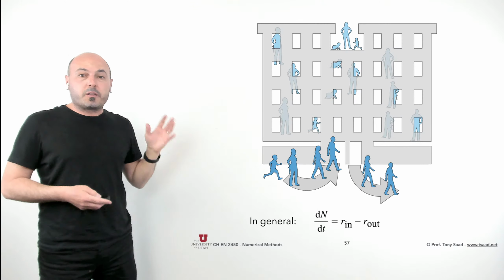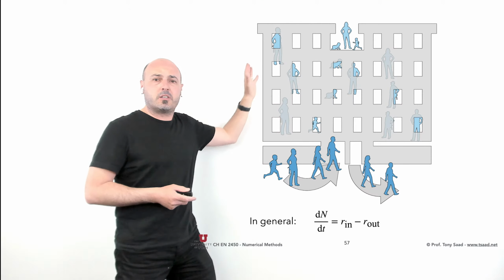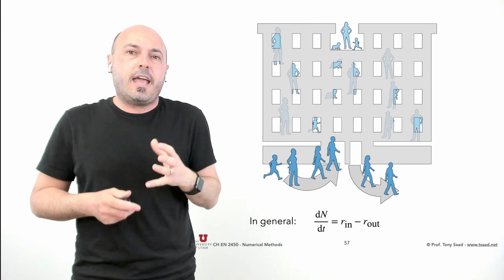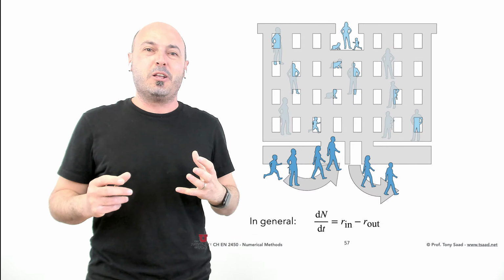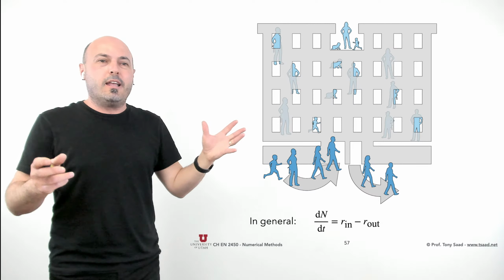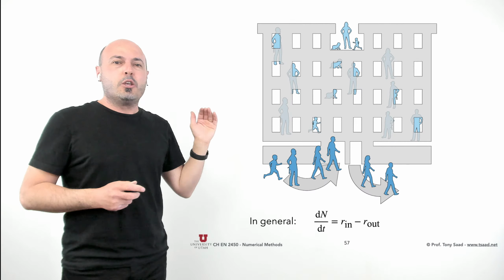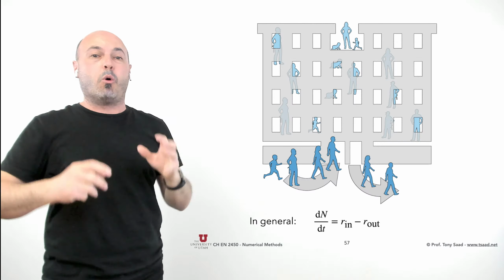But for now, what matters is that in general, if you consider any population or any compartment, this population could be a reactant or a number of cells in a biological system. In kinetics, there is a classic example: as you mix hydrogen and oxygen, you're consuming those and making more H2O.